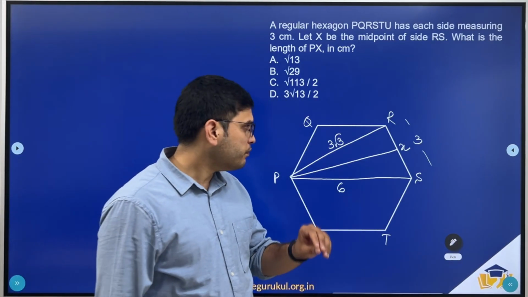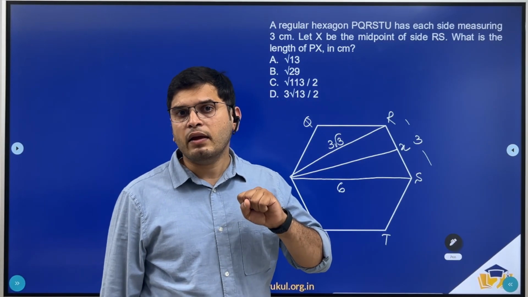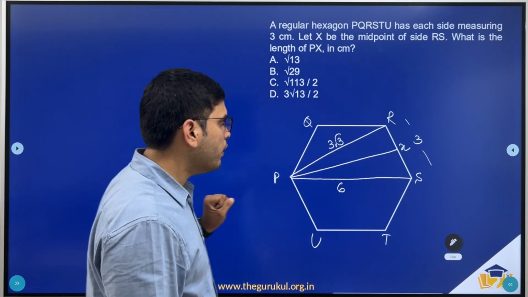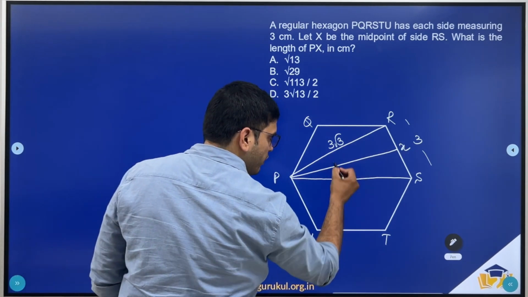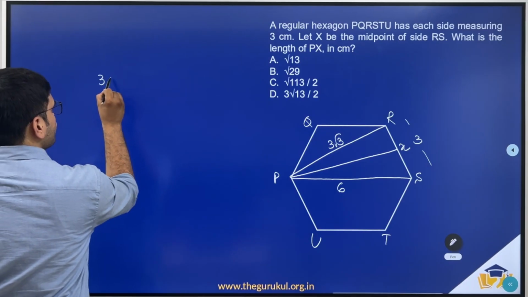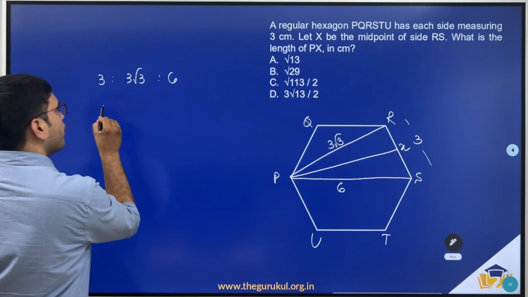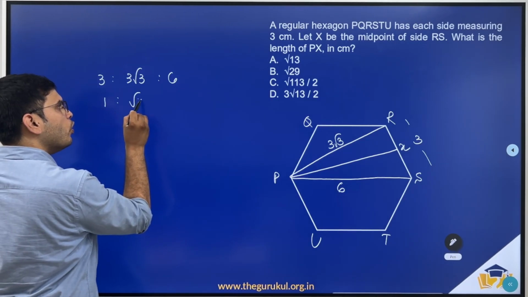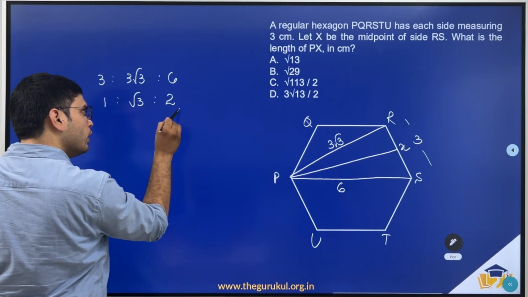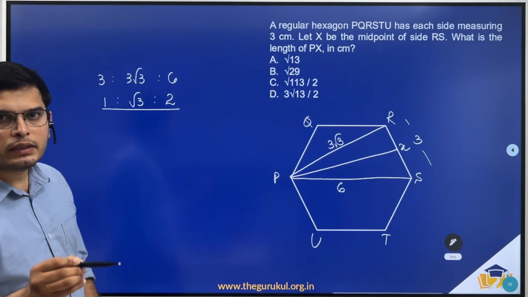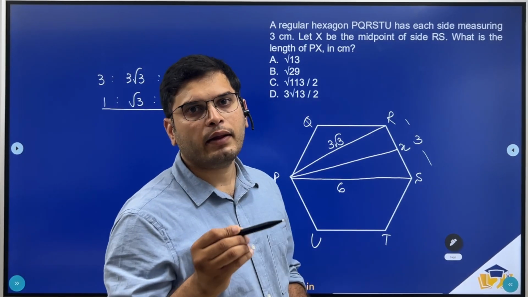Now here, let us apply a special right angle triangle ratio. Now what is the ratio of these three sides? 3 is to 3 root 3 is to 6, which is nothing but 1 is to root 3 is to 2. Now this is a 30, 60, 90 right angle triangle.